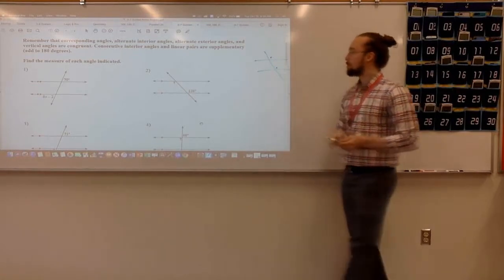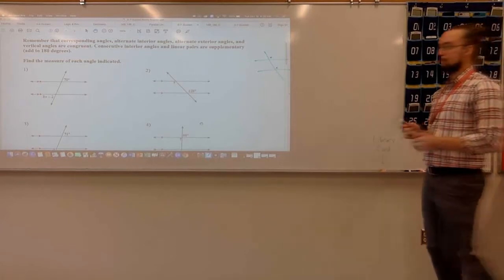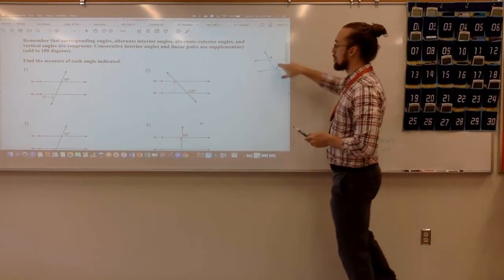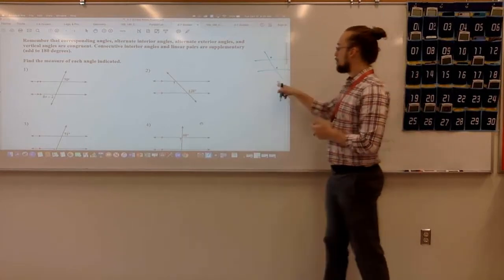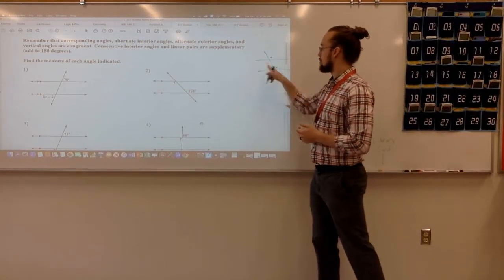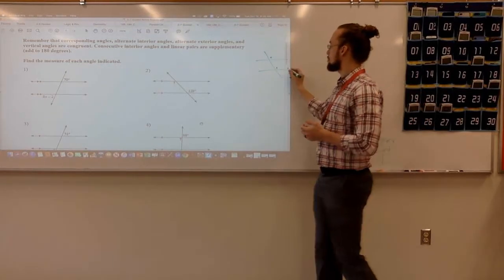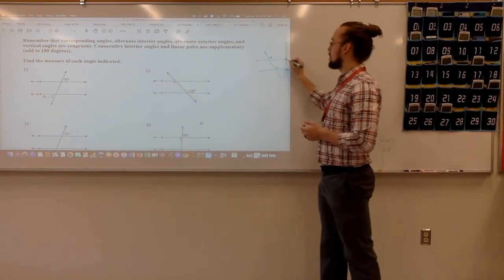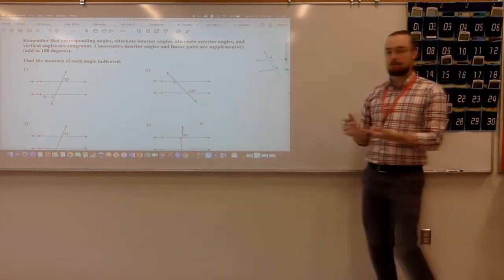Angles that are in the same position, just on the other line, are corresponding angles. Okay? Corresponding angles have to have the same measure. Now, hopefully these relationships start to make sense, because the only options we have in something like this, when we have parallel lines, is that either they're equal to each other or they add to 180. Okay?